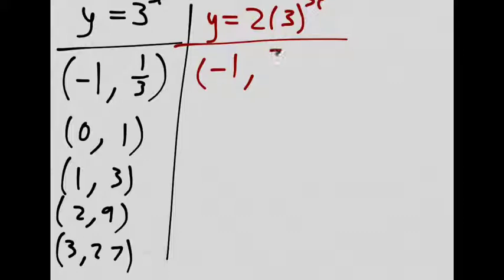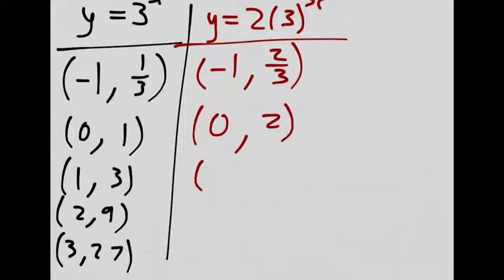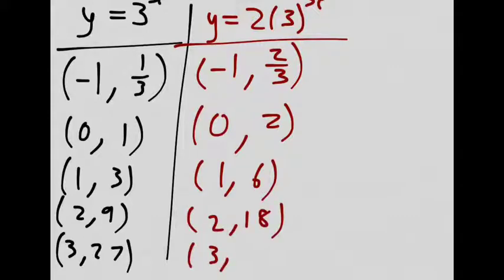You double a third, you get 2/3. Again, it only affects the y coordinate. The next point would be 0, 2. It doubles the y coordinate. Next one, 1, 6. Good, now you got it. And 2, 18. And 3, 54.